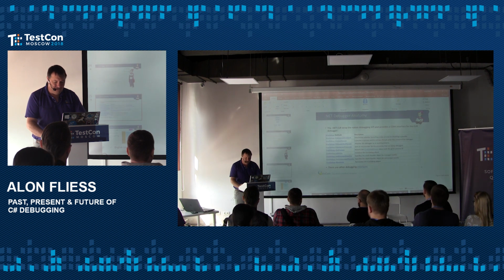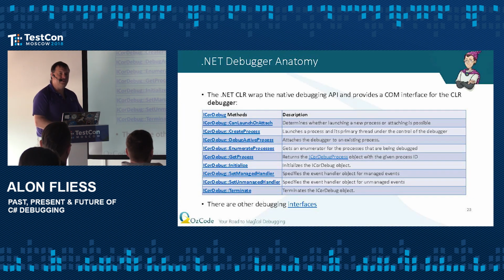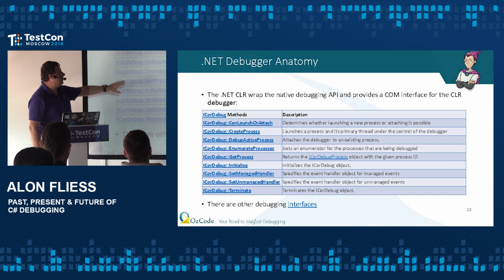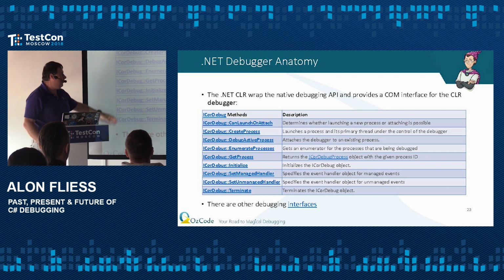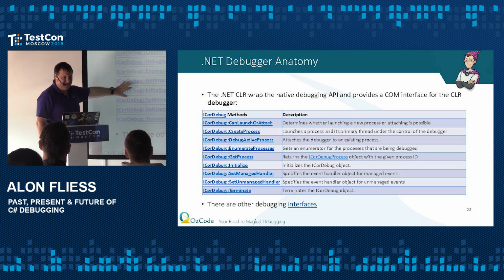Now, if you want to write a .NET debugger, you don't need to go to the Windows API. There is an interface just for .NET debuggers. A debugger that understands the GC, the CLR, and everything. And actually what they do, they wrap those lower layer APIs and provide you, it's still C++, it's a COM object, but this is to develop a .NET debugger.